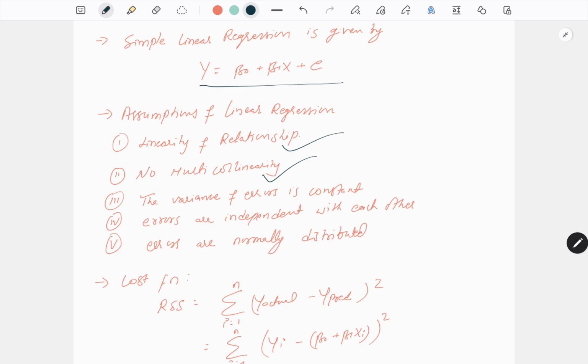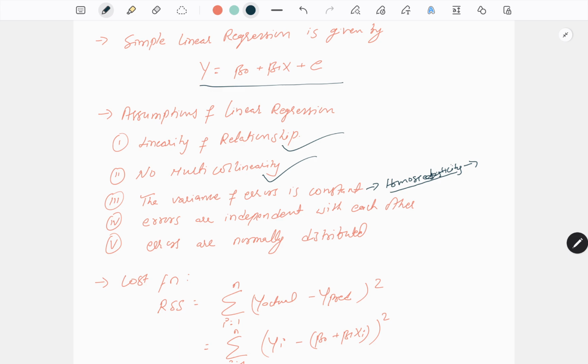The variance of error is always constant. This is also known as homoscedasticity. When the variance of error is constant, it is the case of homoscedasticity.